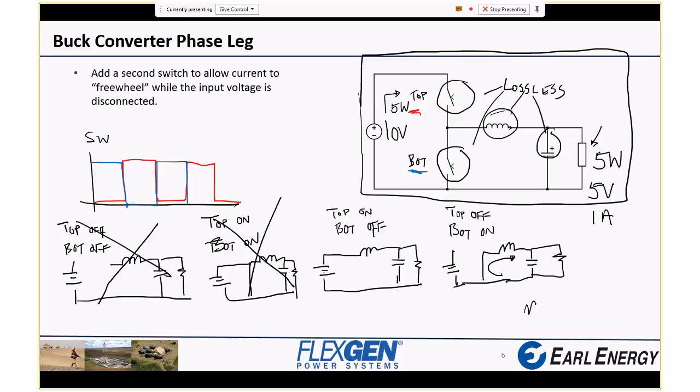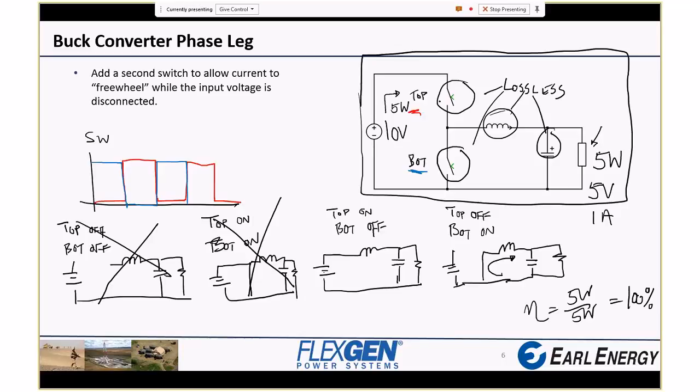So when we look at efficiency, 5 watts over 5 watts is 100% efficient. All of the power extracted from the input is delivered to the output. Now again, nothing's ideal, but that is the draw of a switched power converter versus any lossy linear regulator, like that resistor divider we showed earlier.